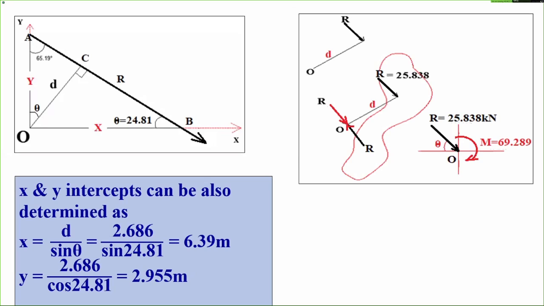Equivalent force system: after finding out the resultant, you have to convert it into an equivalent force system about O. So here also he is asking to determine the equivalent force system, force couple system acting at point O. So that we are going to find out. Just observe the diagram here.